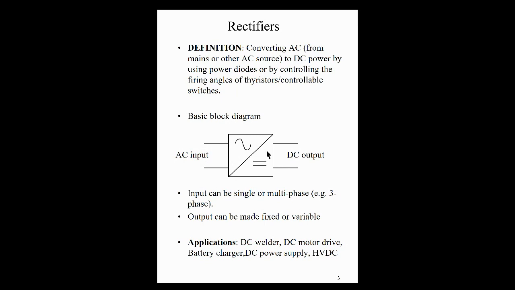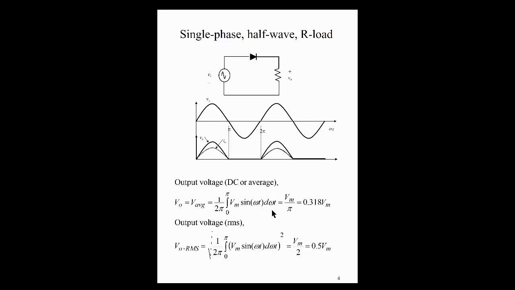And the output can be fixed or it can be variable, and of course we have applications of this: DC motor drives, battery chargers, DC supply, high voltage DC, and welders.